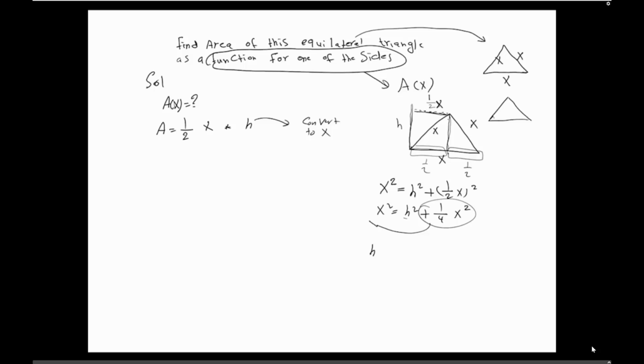We end up with something like this, h squared, and if we do the subtraction, we end up with a value like this.